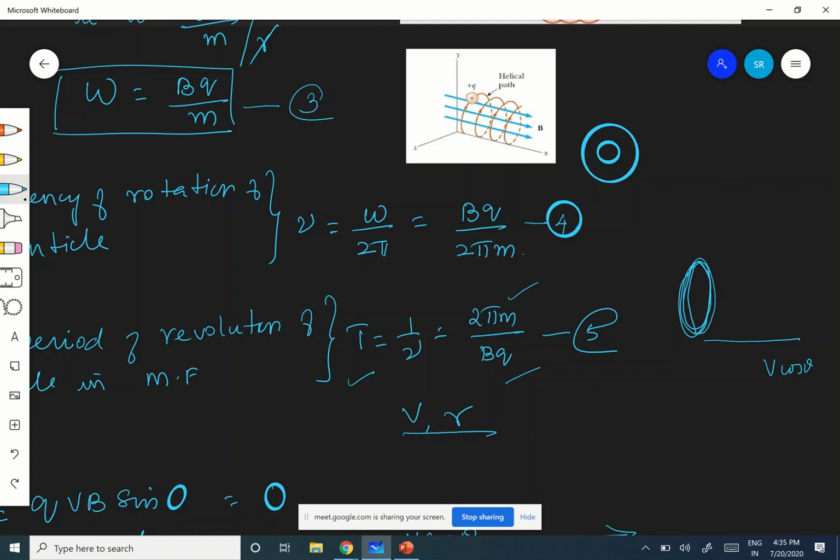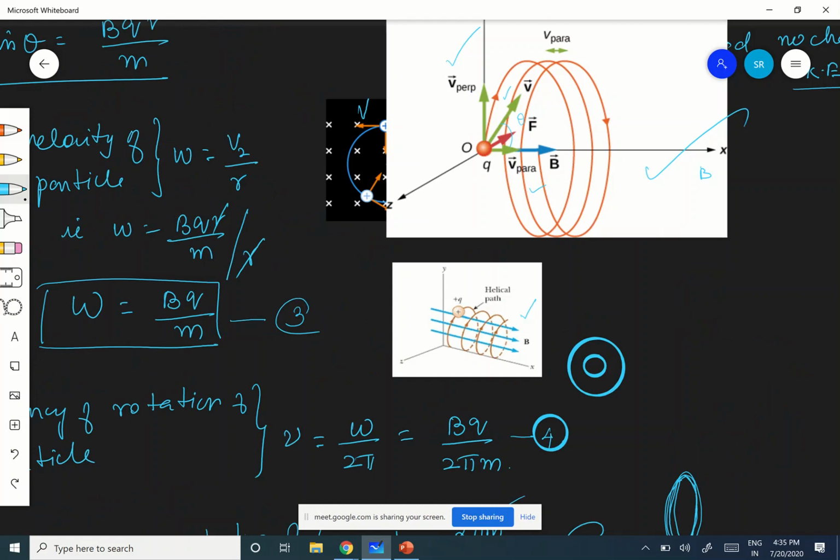Once you combine both, combining the perpendicular and parallel components, it will be moving in a helical path. See how nice, helical path. This is the path of the charged particle. Is it clear, children?